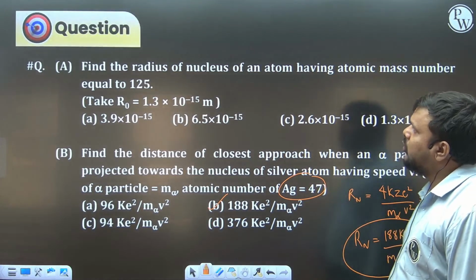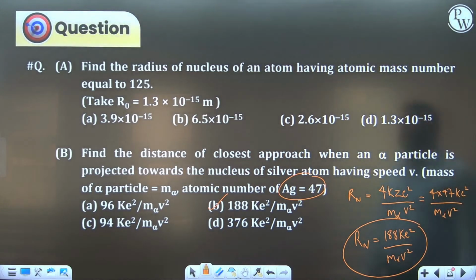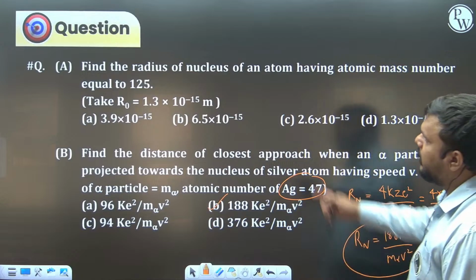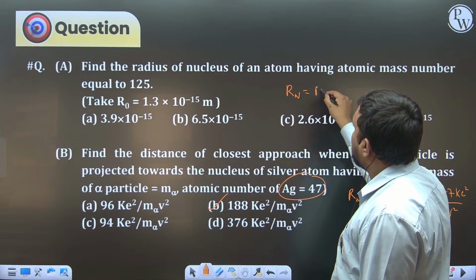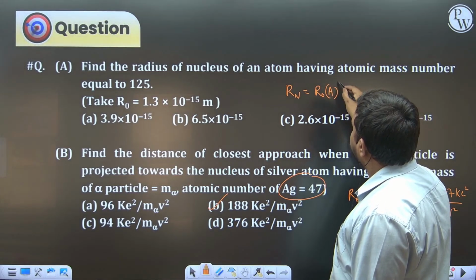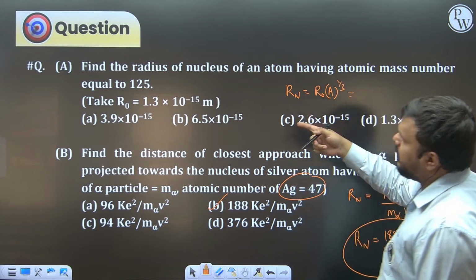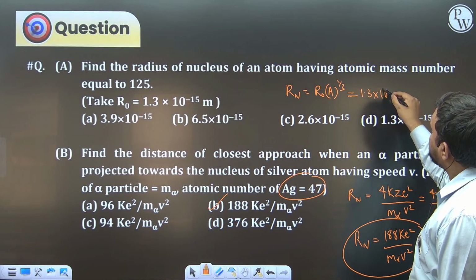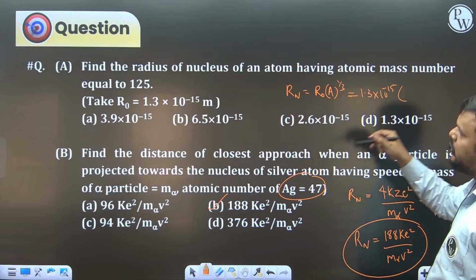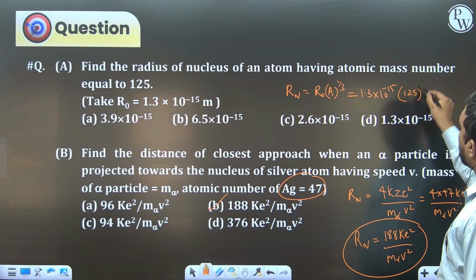Find the radius of nucleus of an atom having mass number equal to 125. So here also the formula radius of nucleus is equal to r naught A power 1 by 3, and r naught value they have given is 1.3 into 10 to the power minus 15, into 125 power 1 by 3.